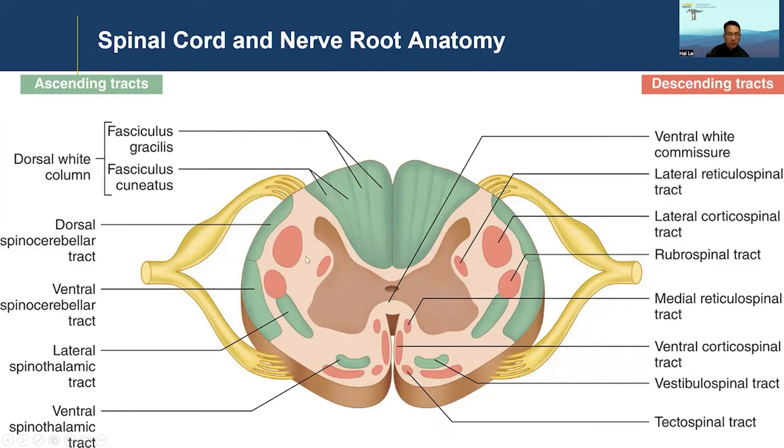Hopefully you can understand the different cross-sections of the spinal anatomy to understand anterior cord syndrome, central cord syndrome, or Brown-Séquard cord syndrome. What does that mean, and how does that affect the patients on exam and symptom-wise?